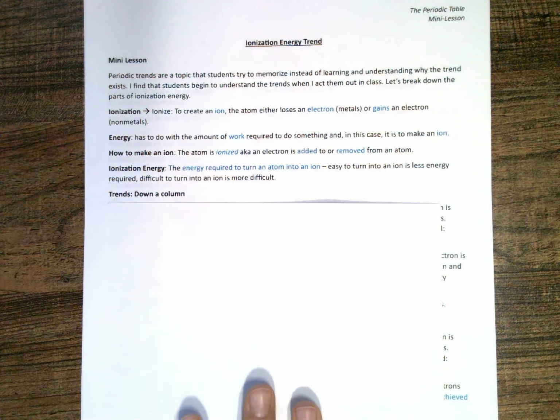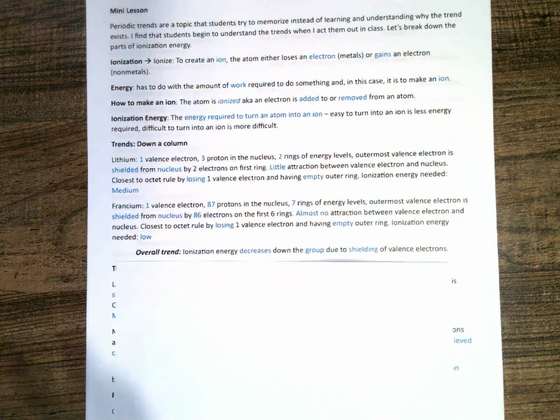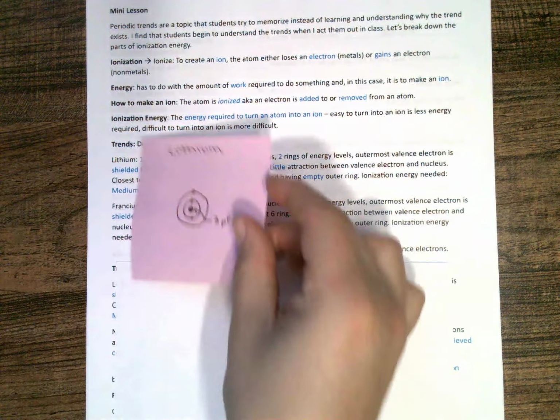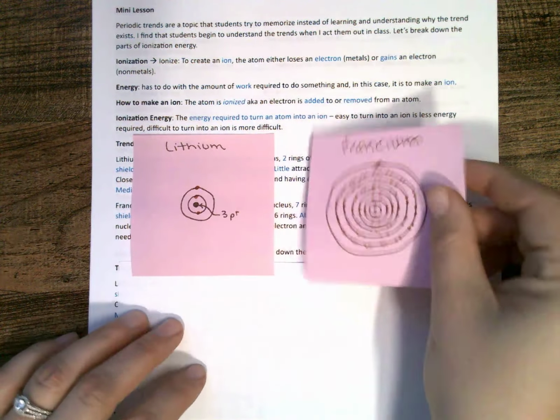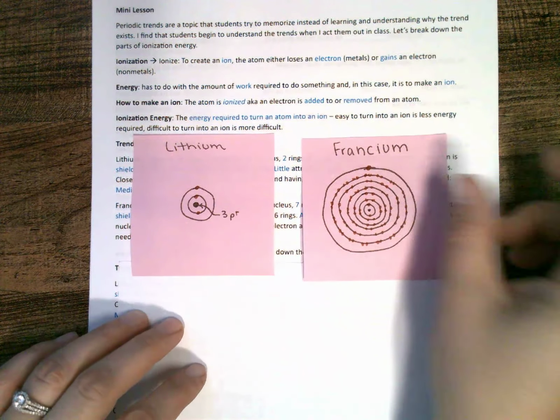From there, not only are we acting things out, but I also draw out my Bohr models with them. Essentially, I focus on group one going down a column. I say, okay, here's lithium, and then here is francium. I draw out the Bohr models on the whiteboard.